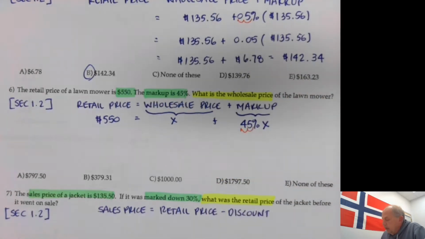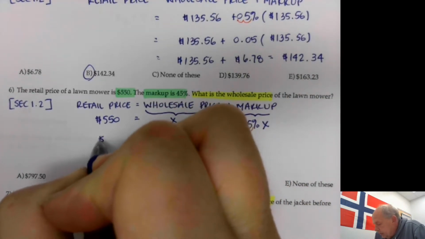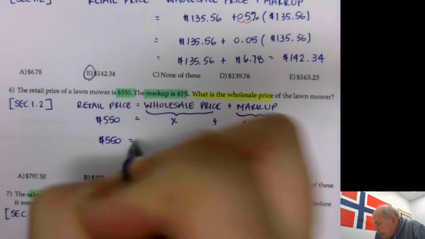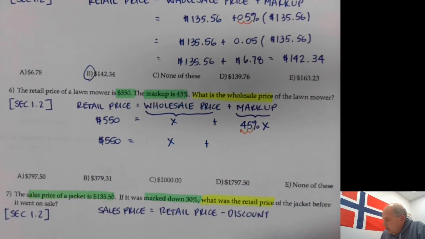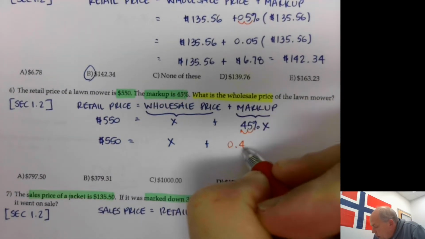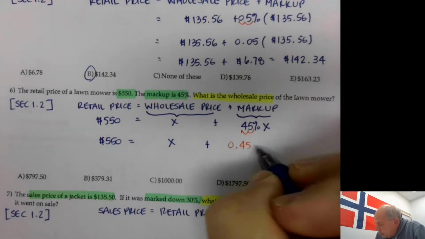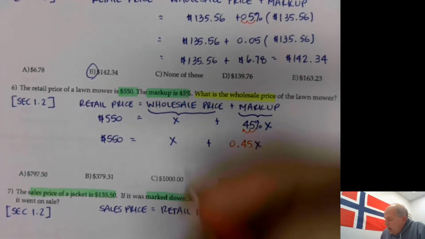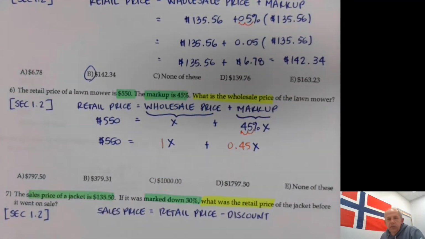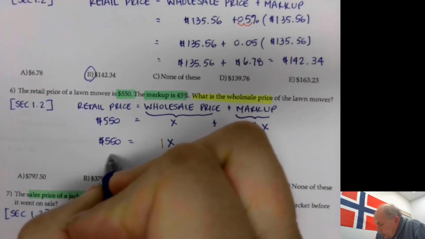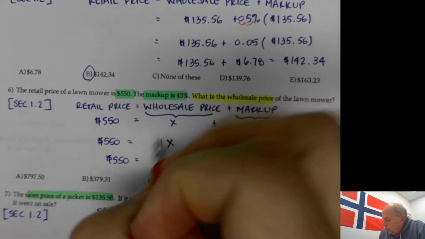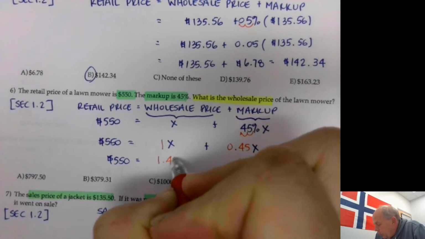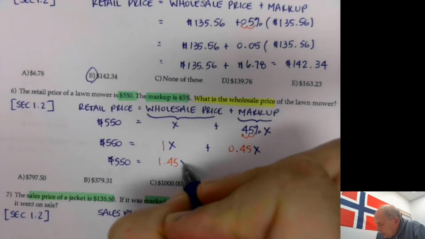I'm going to move the decimal over 2 places. So I would have 550 equal to x plus 0.45x, an understood 1 there. 550 is equal to 1.45x.